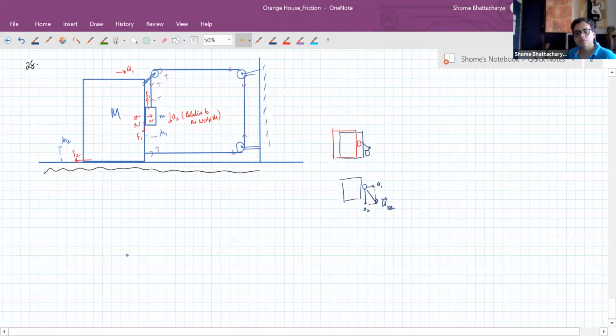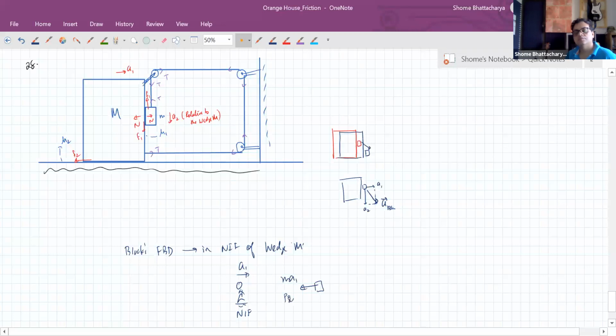So what you do is the block's FBD you make in the non-inertial frame of the wedge. So this is moving with a1, and the block is experiencing pseudo force. So that is pushing it against this surface. So the surface is applying normal reaction like this.